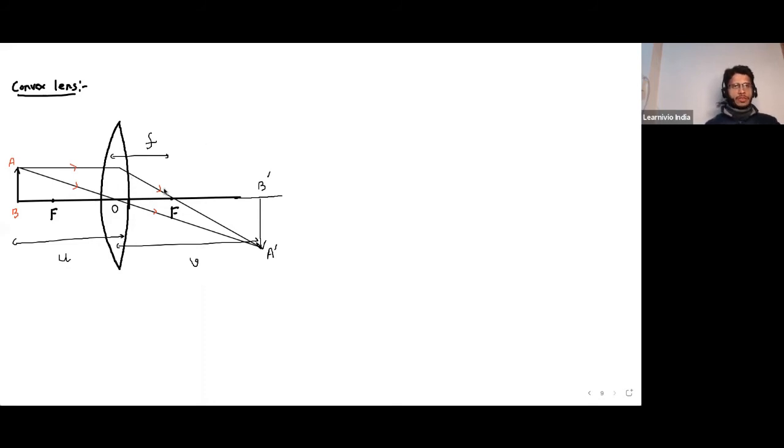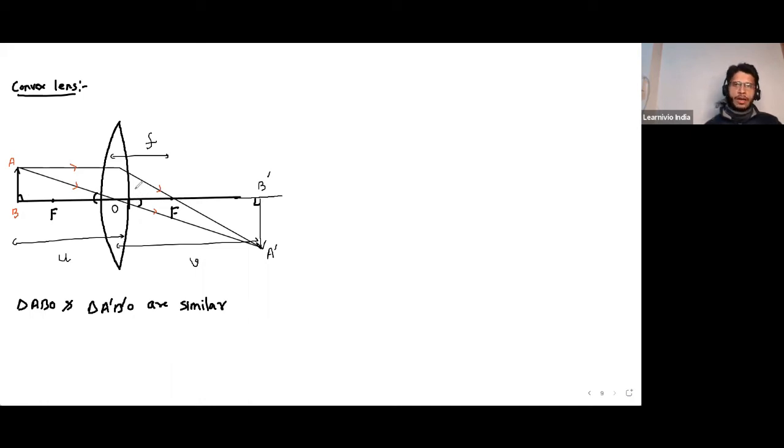To derive a relation between all these terms, you can take some pairs of similar triangles, say triangle ABO and triangle A prime B prime O. These two triangles are similar. See, this is 90 degrees, this is 90 degrees. This and this are vertically opposite angles.